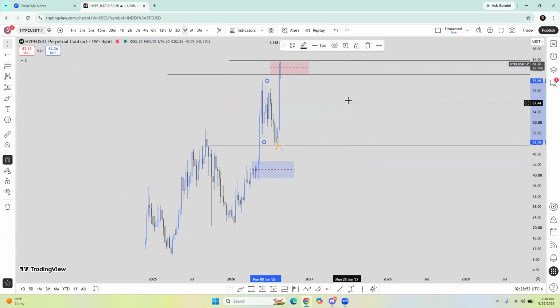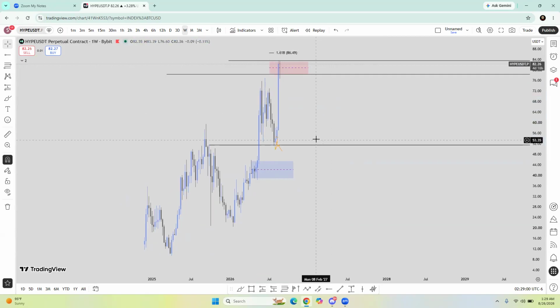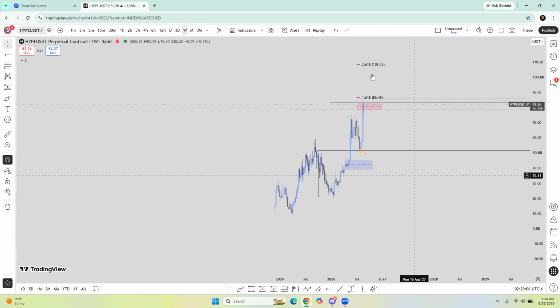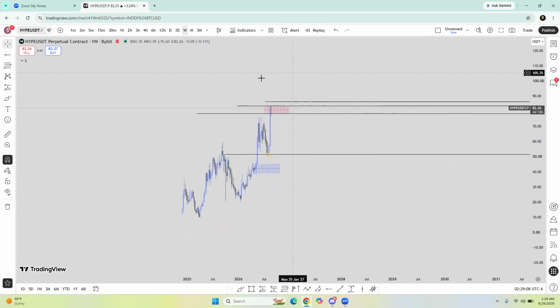Okay, I forgot from where I marked. From here to here. Look at this one, 1.618 again lying here. So three major levels are lying in this space.